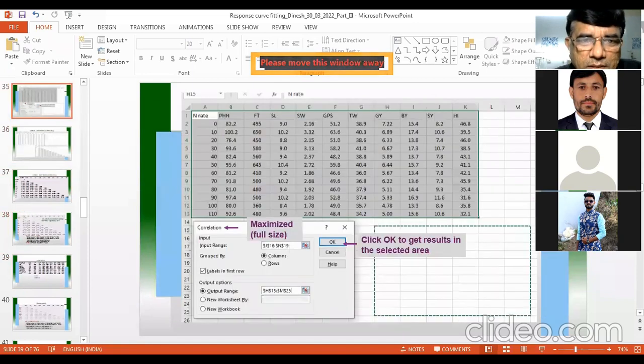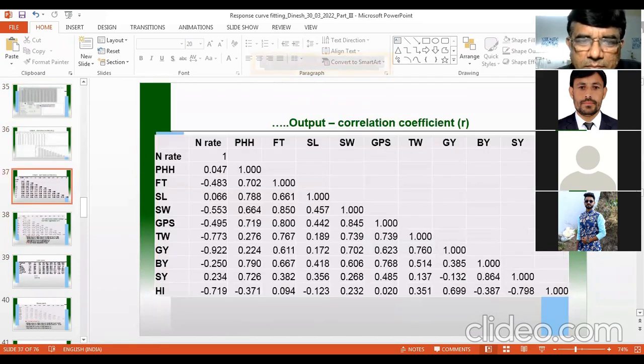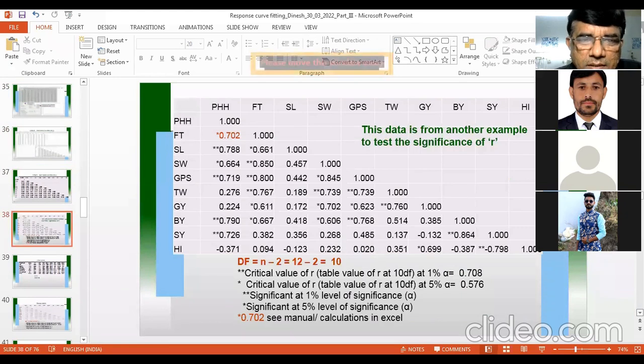This one, the next slide? Yes, sir, this one. Your question is? Sir, here many correlation values have no star. What does it mean, sir?